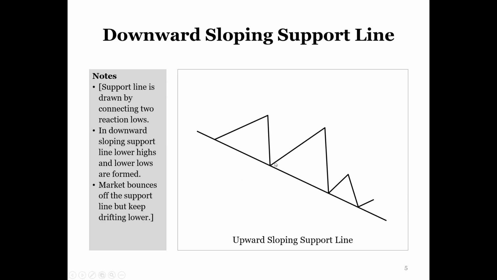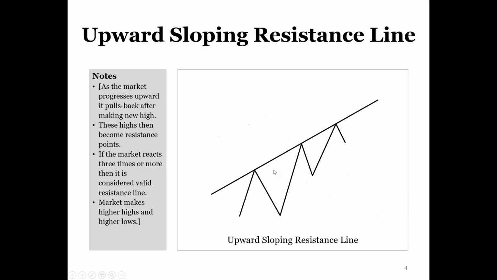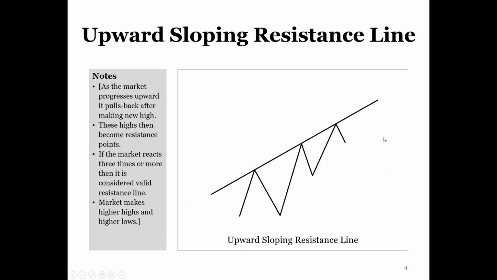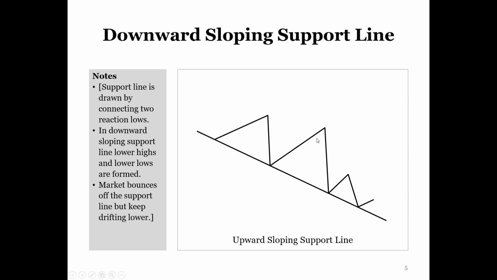If you go long, then your exit is faster, knowing that it can reverse. Whereas in this kind of situation, you have a bigger potential in the trade because the trend line is upward sloping. In this situation, you have less potential.